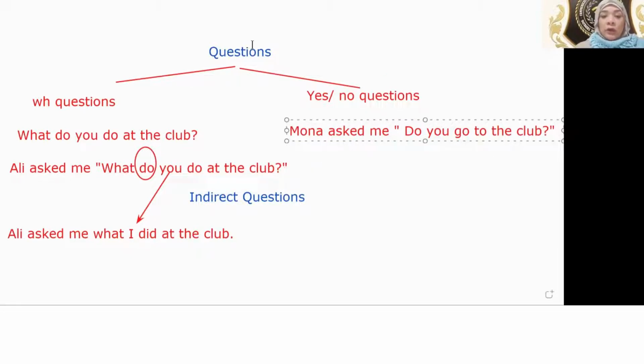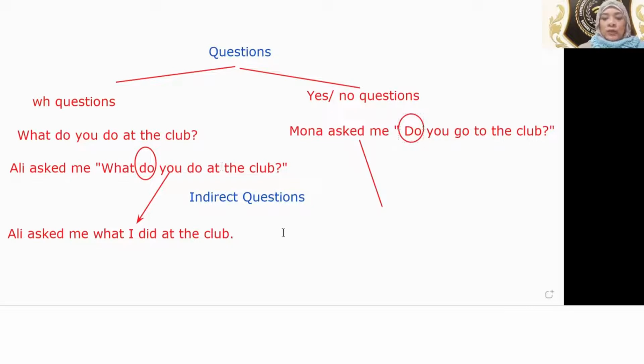Let's change this direct question into an indirect question down here. We asked using do. Don't forget this, because we can make questions using verb to do, verb to have, verb to be, or any modal verb.